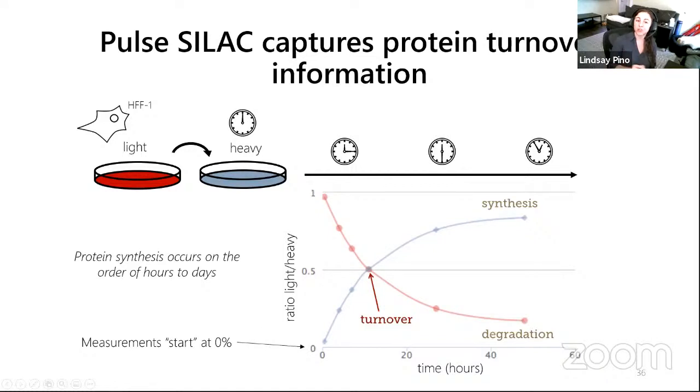Some proteins are turned over very quickly. Some proteins are very stable and stick around for days. So these are two aspects that suggest we need a very sensitive ability to measure dynamic range. We need dynamic range in the time dimension, and we need dynamic range in this ratio measurement dimension.